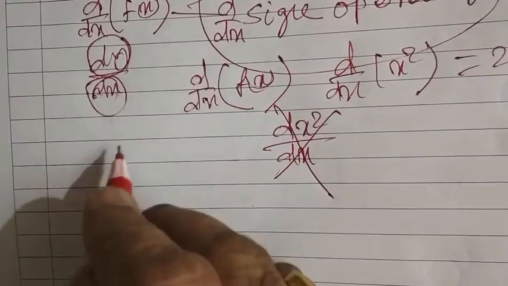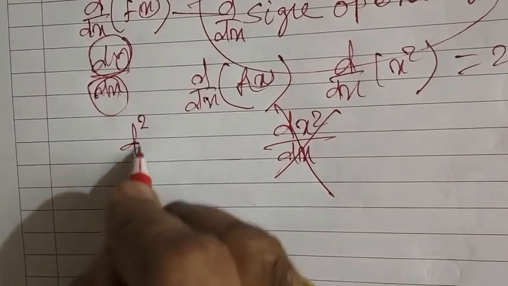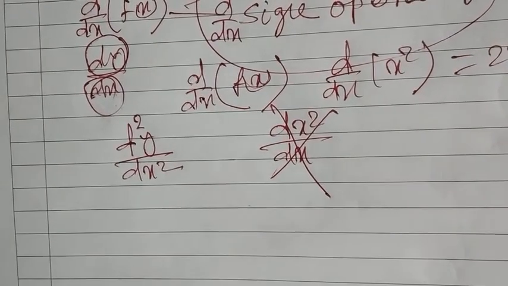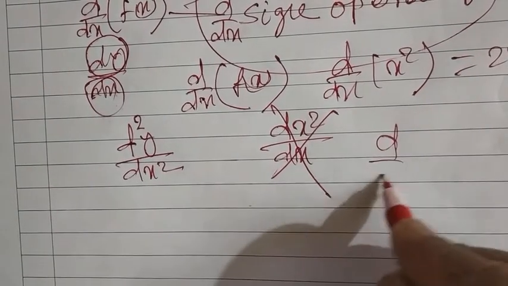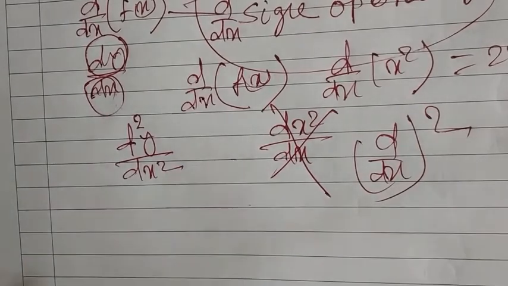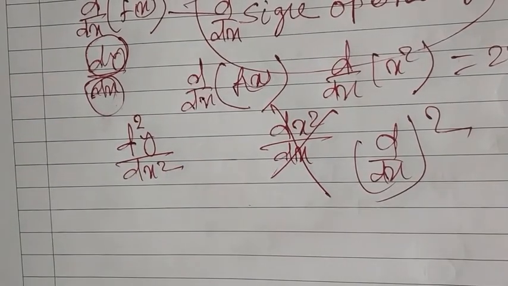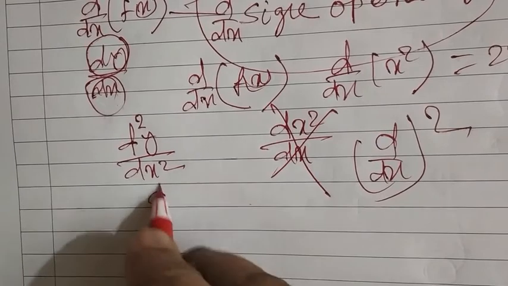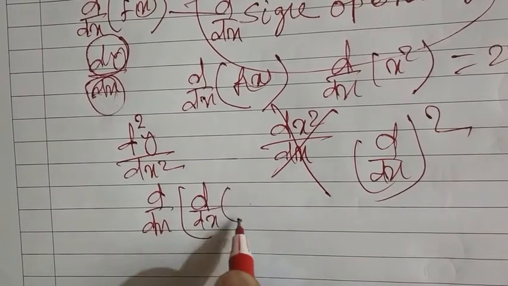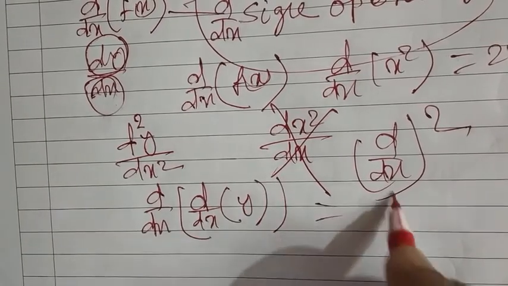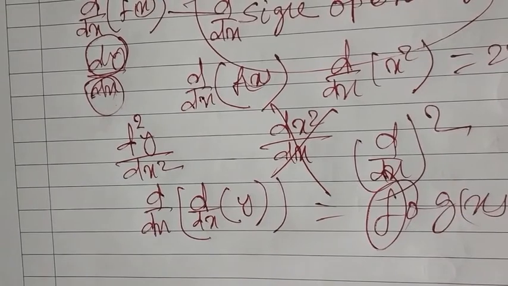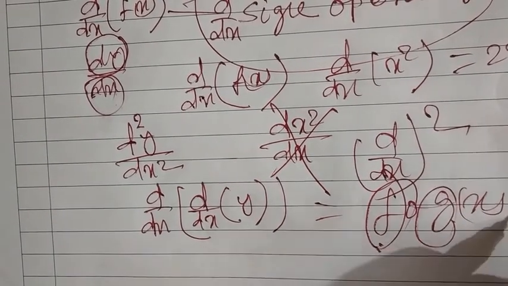Okay. Now, therefore, how do you read d2y by dx2? It is not a square. Here d by dx is not squared. So, don't read it as d square y by dx square. Here, d by dx is operated twice on y, like f of g of x. f is a function operator, g is an operator, operated on x.